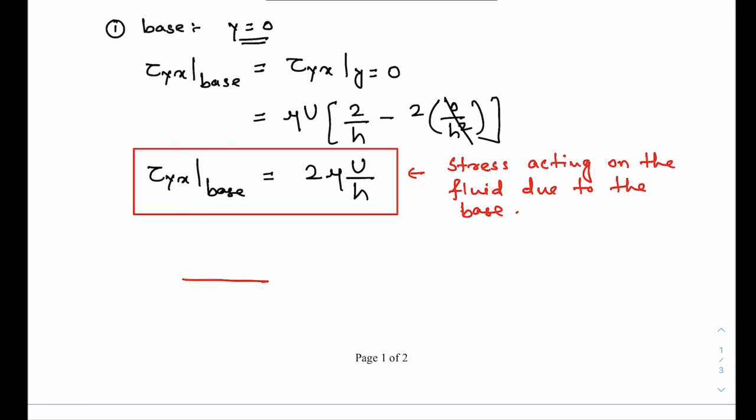If we zoom in near the base and concentrate on a fluid element close to the base, from the sign convention we know that positive stress acting on this fluid element will be directed as shown by these arrows.